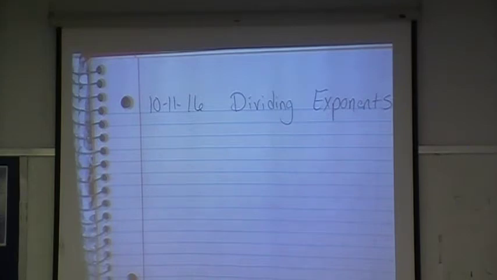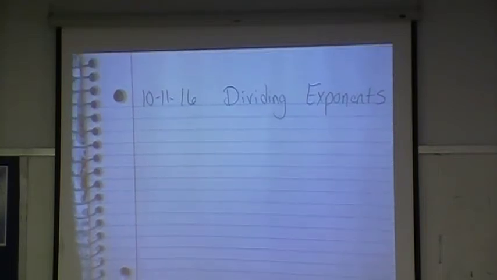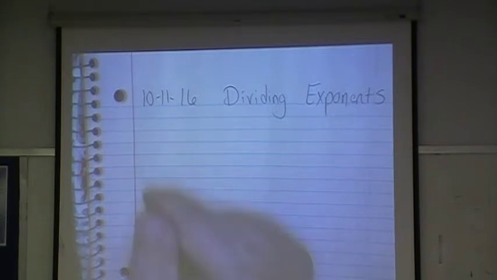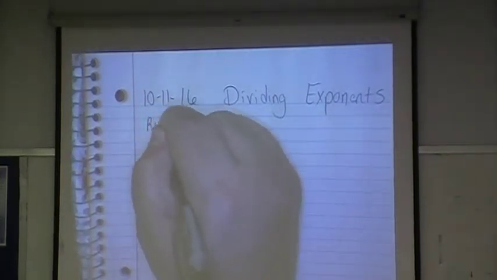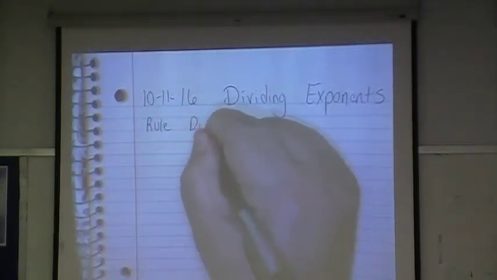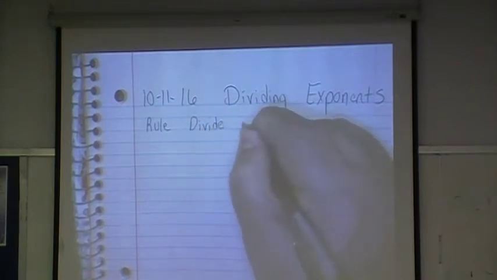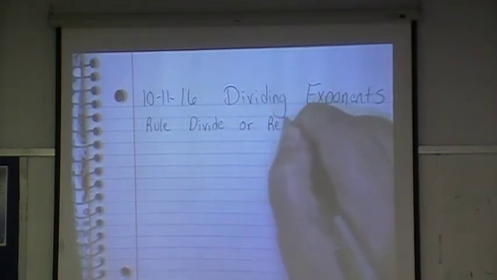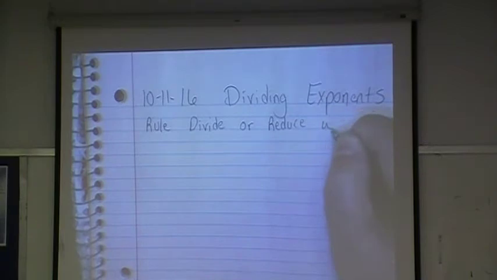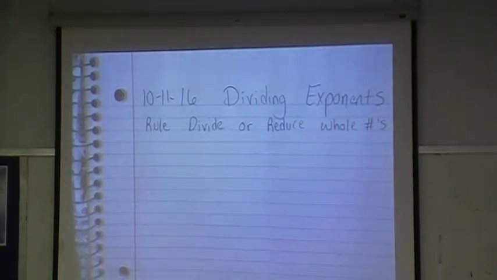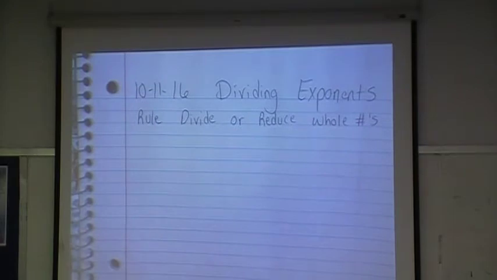When we multiplied exponents, there was a rule. Multiply your whole number, add your exponents. When you divide exponents, there is a rule. You need to divide or reduce your whole numbers.